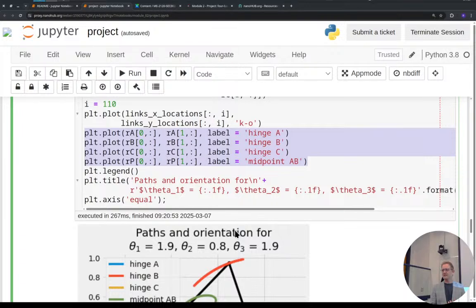What's the relevance of the scatter plot? Is it RA for 0 colon and then RA is 1 colon? What's the significance of that?